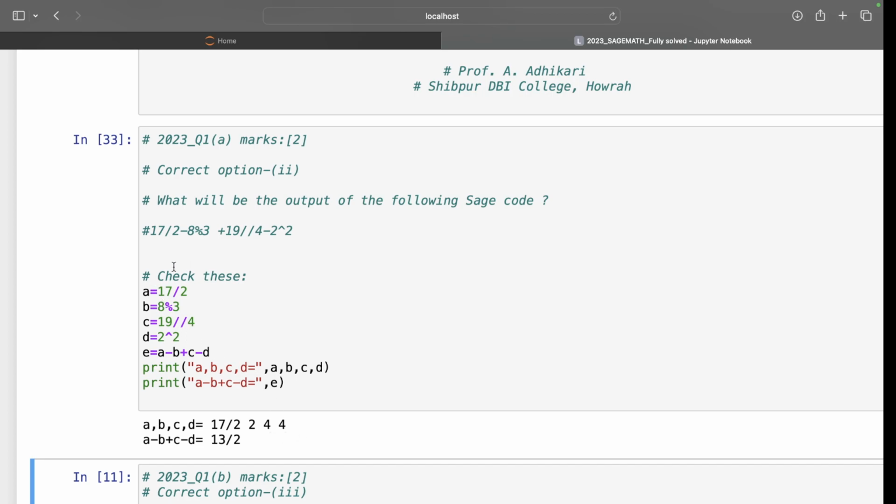So A minus B plus C minus D equals 13/2.